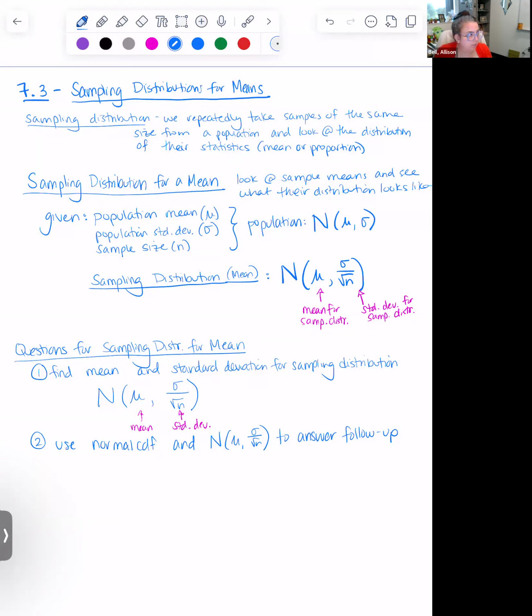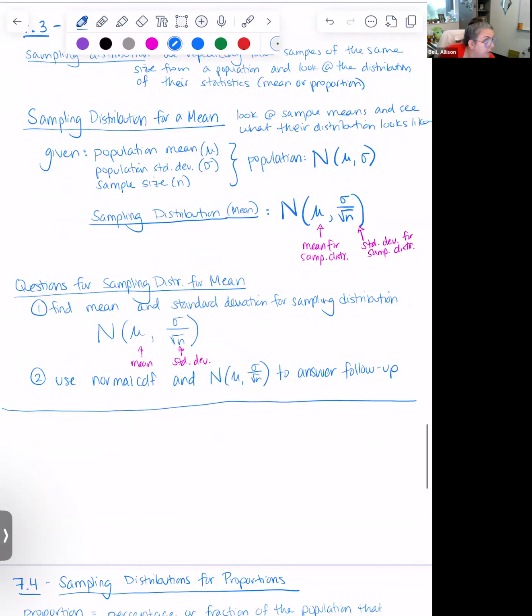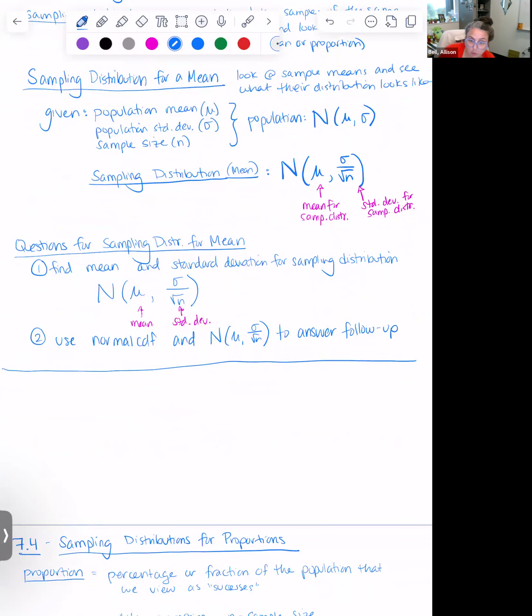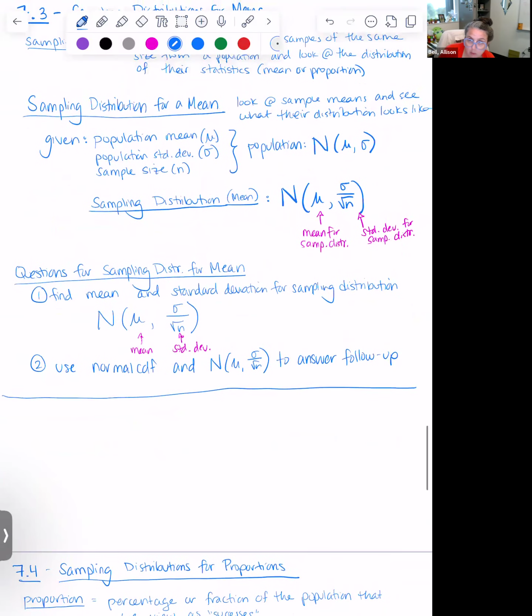The last thing we have to talk about in this particular section is the central limit theorem. So I'm going to go ahead and make another section here, and we're going to discuss the central limit theorem. And the idea here is that we can use the normal model regardless of the situation that we find ourselves in.